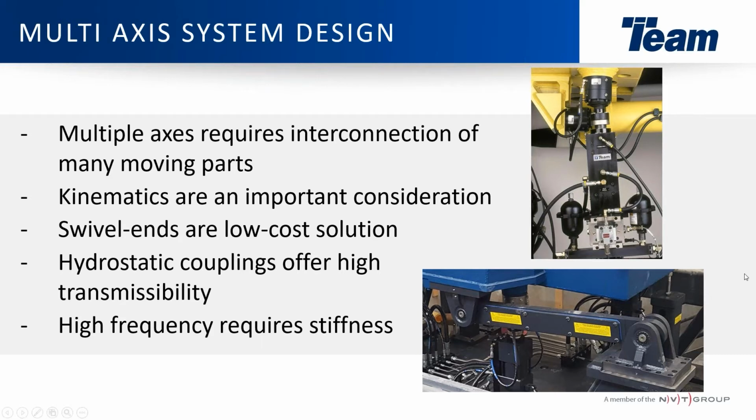There's an example on the bottom right of this slide where you can see 2 greased swivel ends. The point of this cross member here is to prevent rotations in the yaw and one of the horizontal axes of that test system. We'll show a video of that a little bit later on.